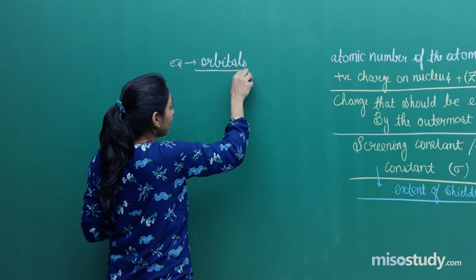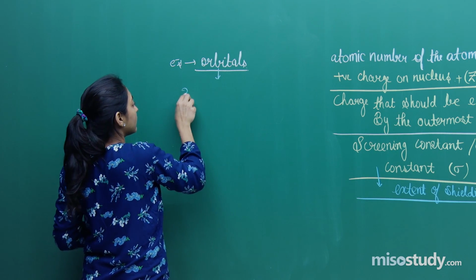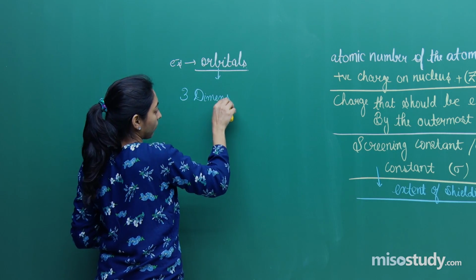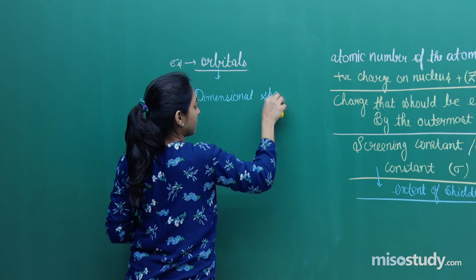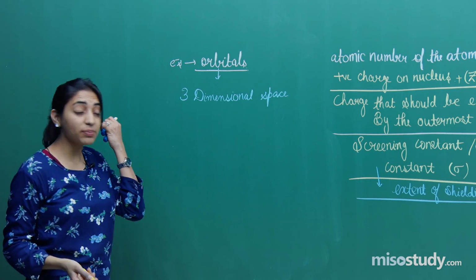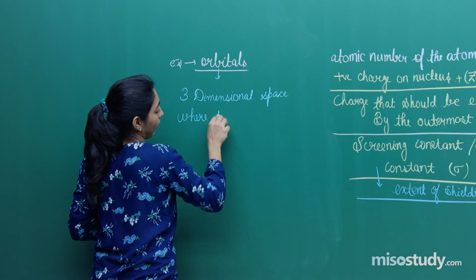You know that orbitals are nothing but the three-dimensional space where the probability to find the electron is maximum.